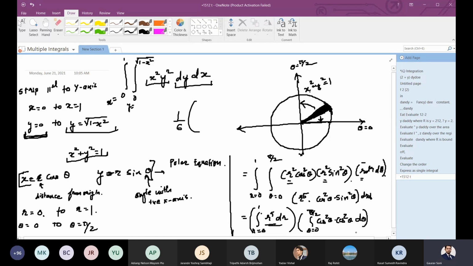By the reduction formula, this integration will be 1 into 1 upon 4 into 2 and pi by 2.